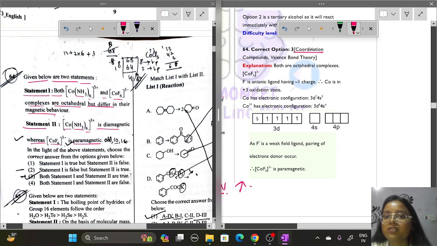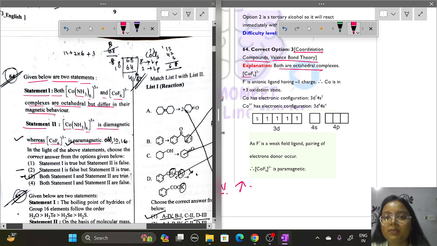This is a question from coordination compounds, and its subtopic is valence bond theory. Both these are octahedral complexes. F minus is an anionic ligand having minus 1 charge. Co has plus 3 oxidation state, and Co's electronic configuration is 3d7 4s2.